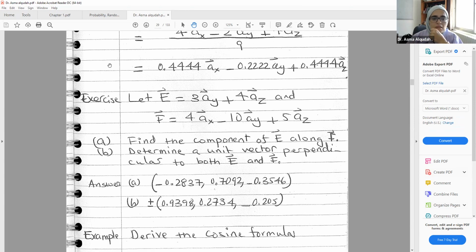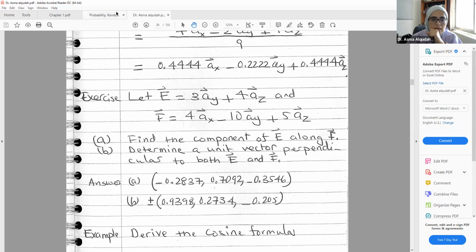Now we have this exercise, guys. It has the same procedures that we followed in the previous example, so I leave it as an exercise for you to do at home. You have two vectors.